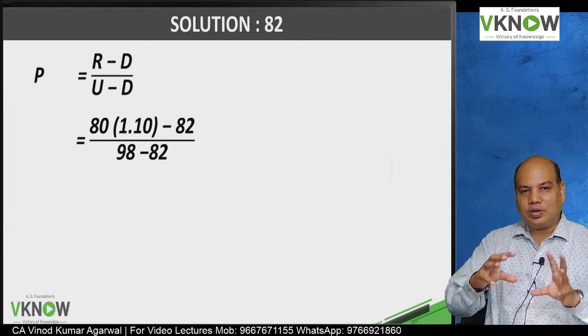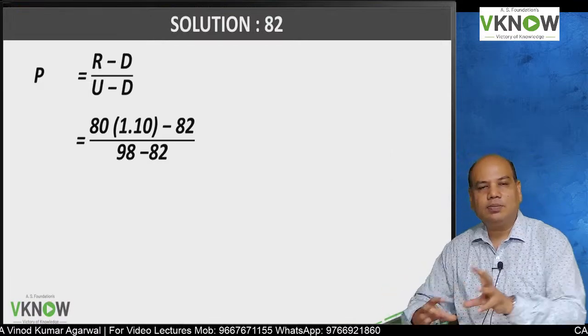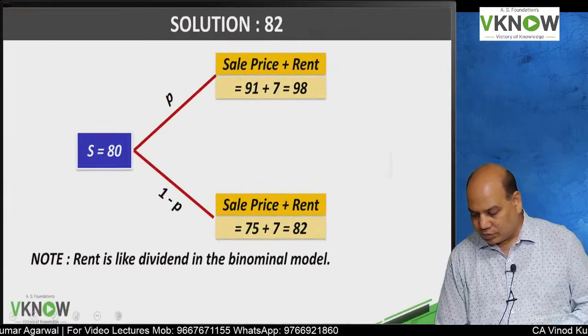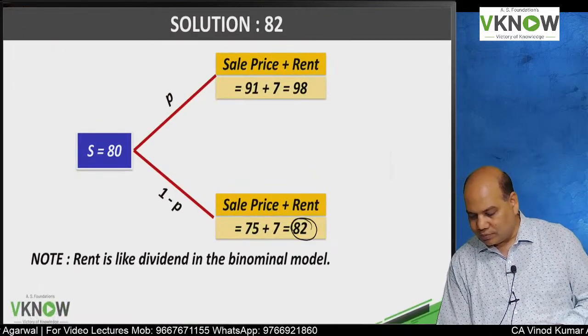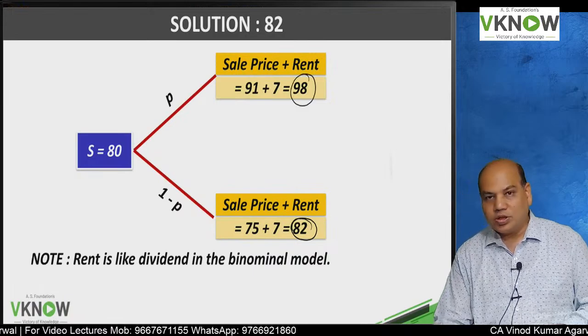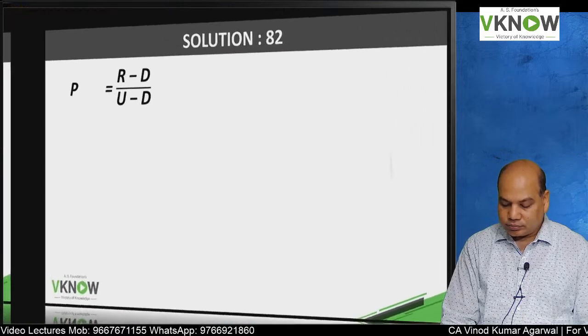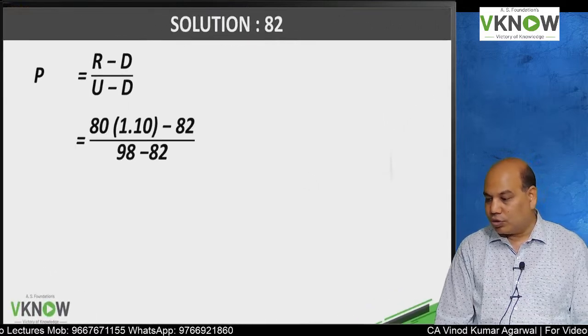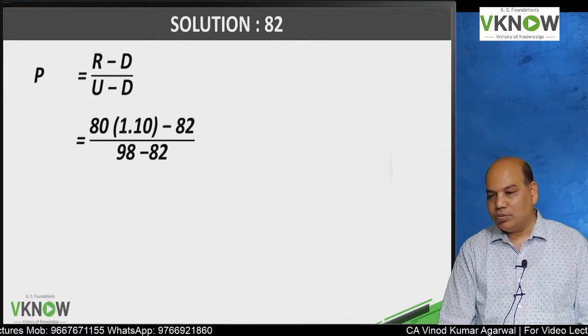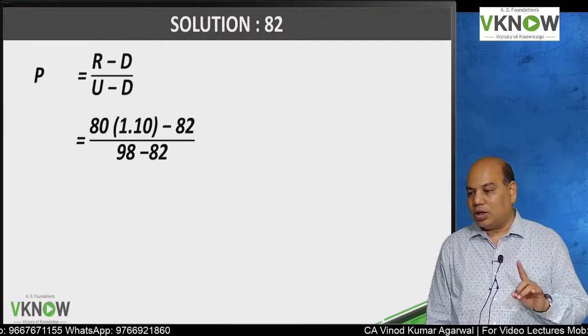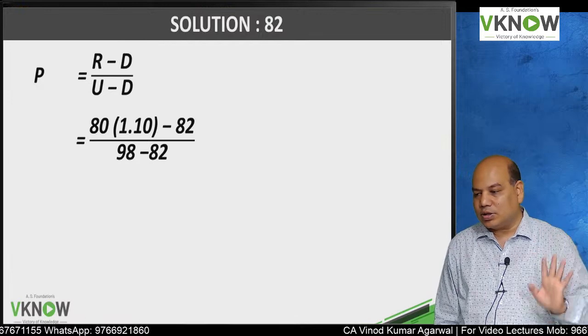What is D? D means the value if the price goes down. This is 82. And U means the value if the price goes up. That is 98. If you don't remember, I am just explaining. More detail will be explained in the risk neutral model, and how to derive this formula is explained there.